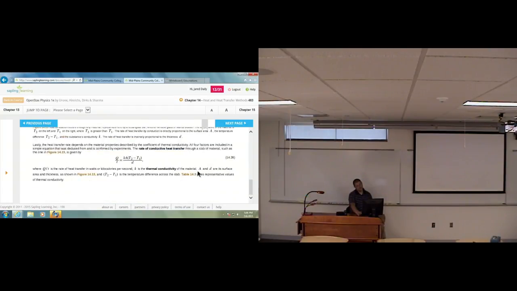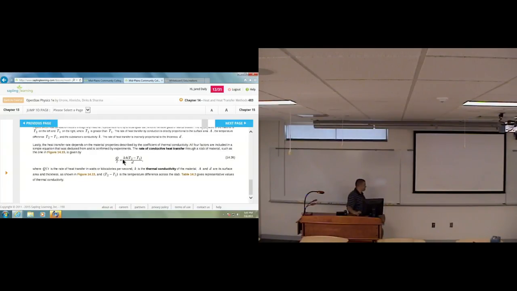And it turns out that for all these things, you can calculate a rate of heat exchange, which is kind of like the speed or velocity of heat movement through the material, as equal to the area times the temperature difference divided by the distance that the heat has to travel, all multiplied by thermal conductivity, which we call K. For materials that heat travels through easily, like metals, K is going to be a very high number because the heat transfer is going to be big.